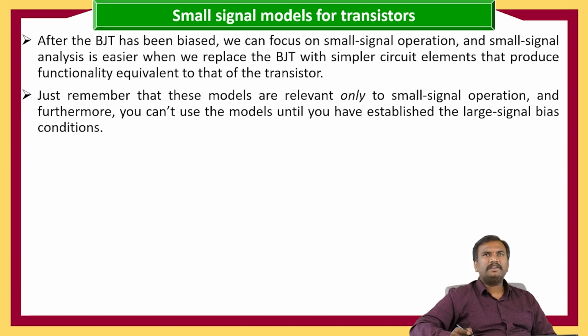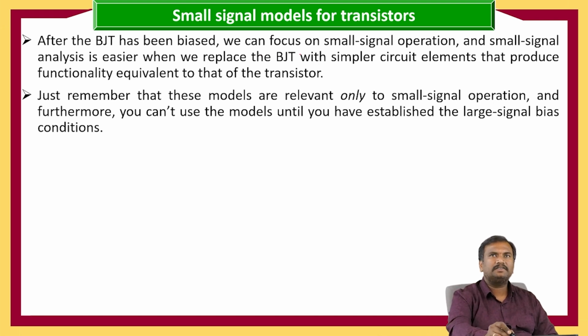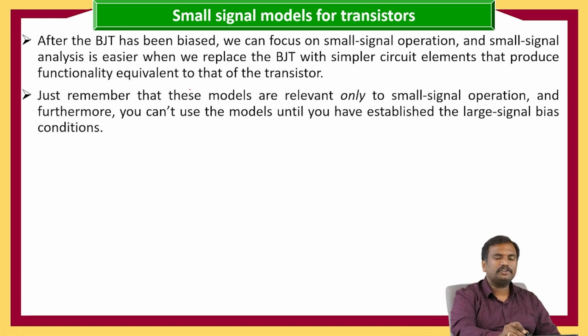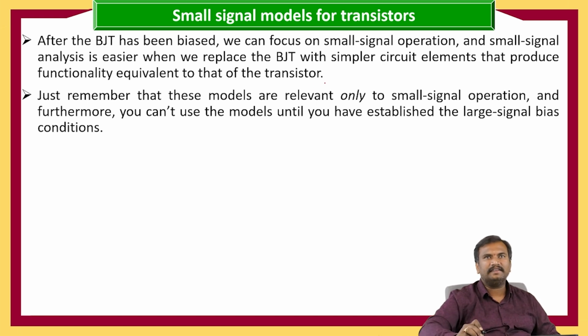Once the BJT has been biased, we can focus on the small signal operation, and small signal analysis is easier when we replace the BJT with simpler circuit elements that produce functionality equivalent to that of the transistor.